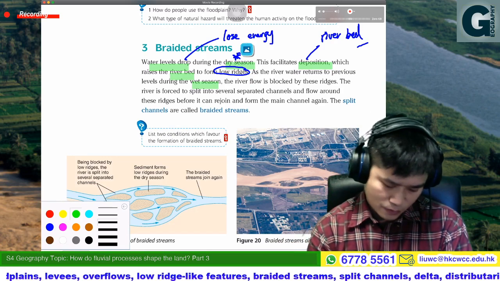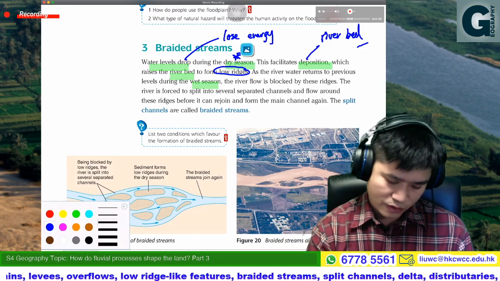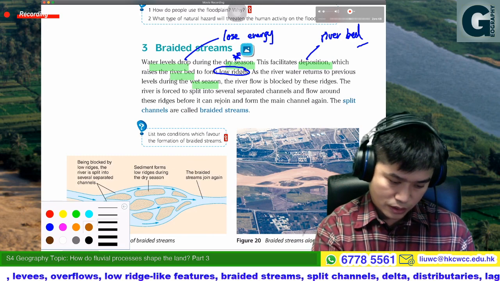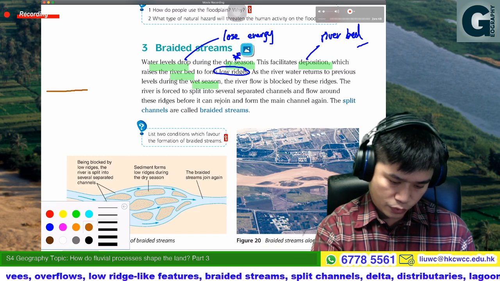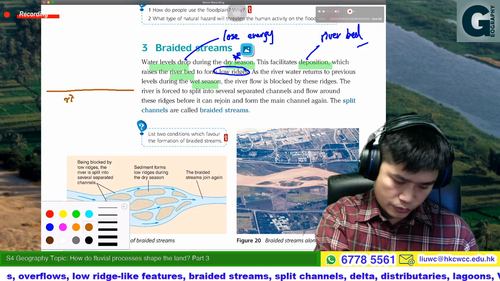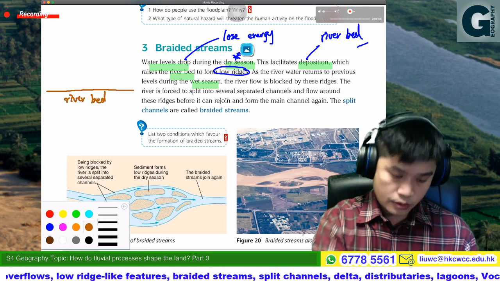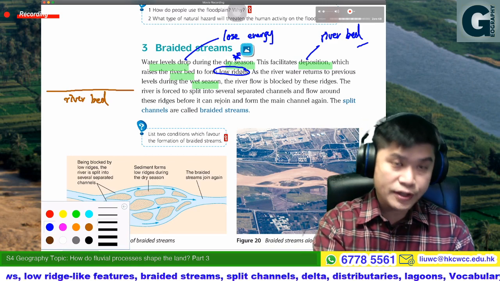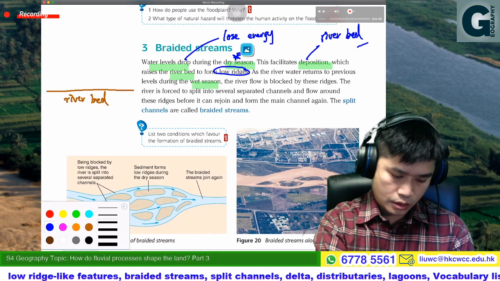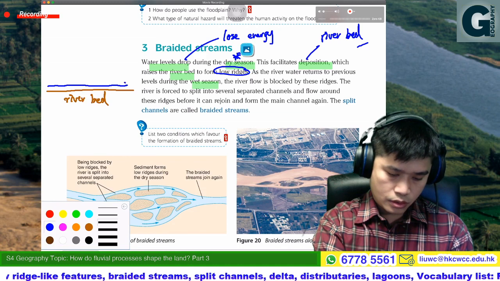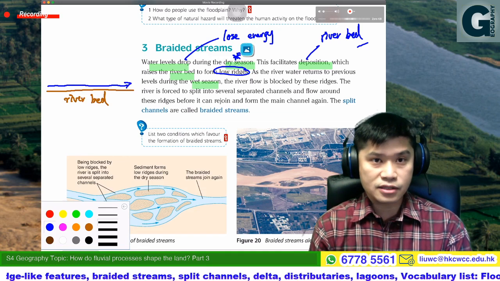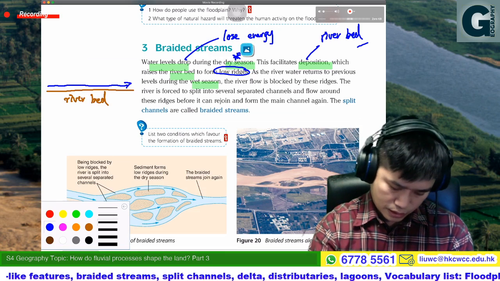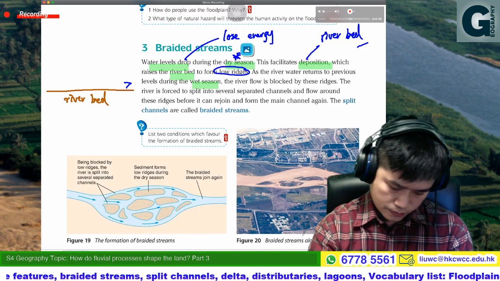What does that mean? You may have a look. Imagine that this would be the riverbed. So the story could be like this. Originally, the river is flowing, the water is flowing. I may draw a little bit hard.